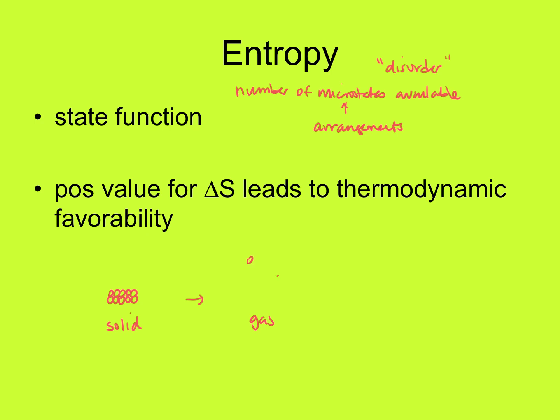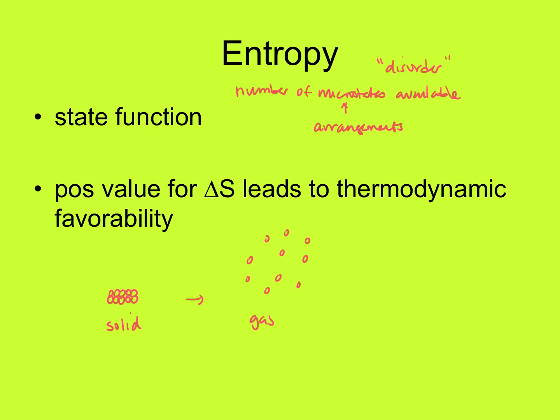When it's a gas, you can see there is a lot more chaos in the second diagram. There's a lot more chaos going on here, which means that the gas particles can be arranged in many, many more ways than they can be arranged in a solid state.